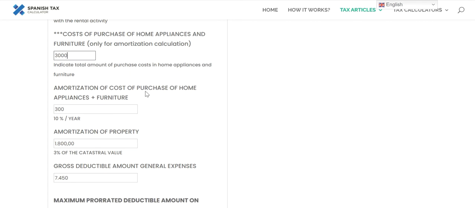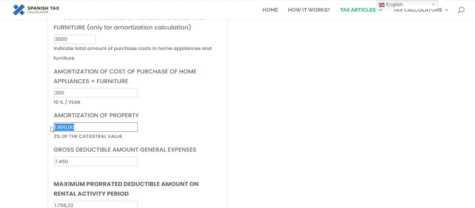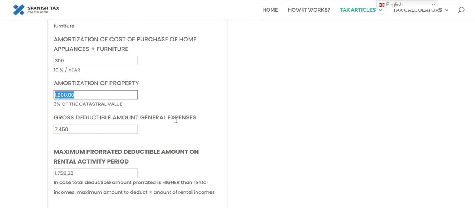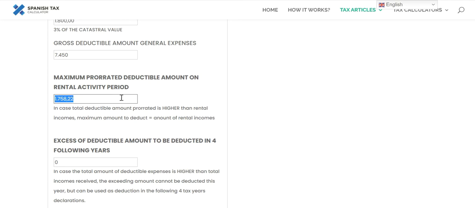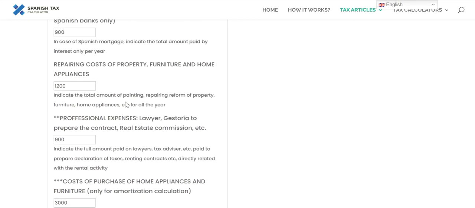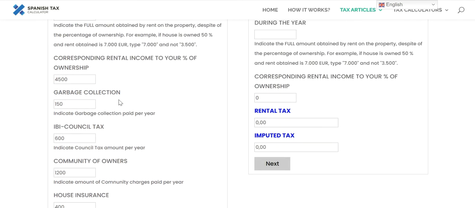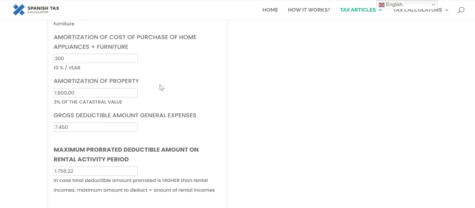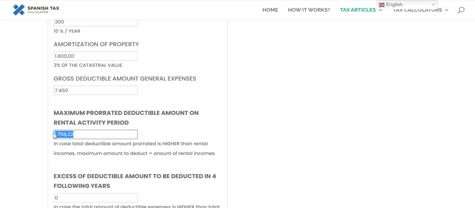We will prorate with amortizations, etc., during the time in which these consumptions and expenses have been generated, and we obtain a maximum prorated deductible amount on the rental activity period. In this case, it is 1,758, which is lower than the amount you have obtained on the rental income of your property. You have obtained 4,500 euros, and there are 1,758 deductible expenses.